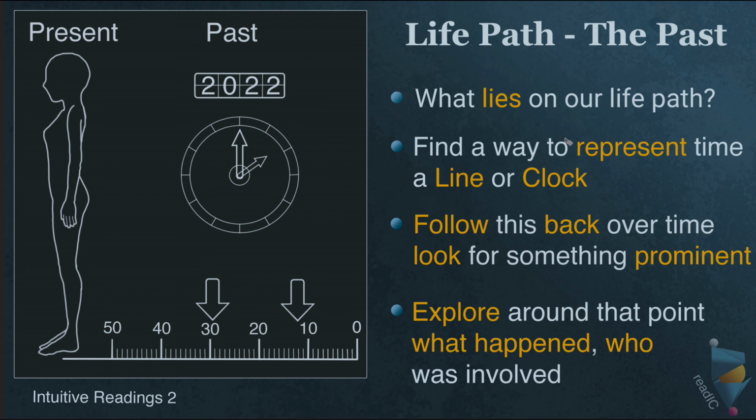Okay, then the next part of it is to explore around that point. What happened? What were the events that were shaping up? Who are the people that were involved around that time? So this is something that you can look at and consider. So you can be around that time for that event, and then it's like any normal reading where you get information from images around that time, from people around that time.